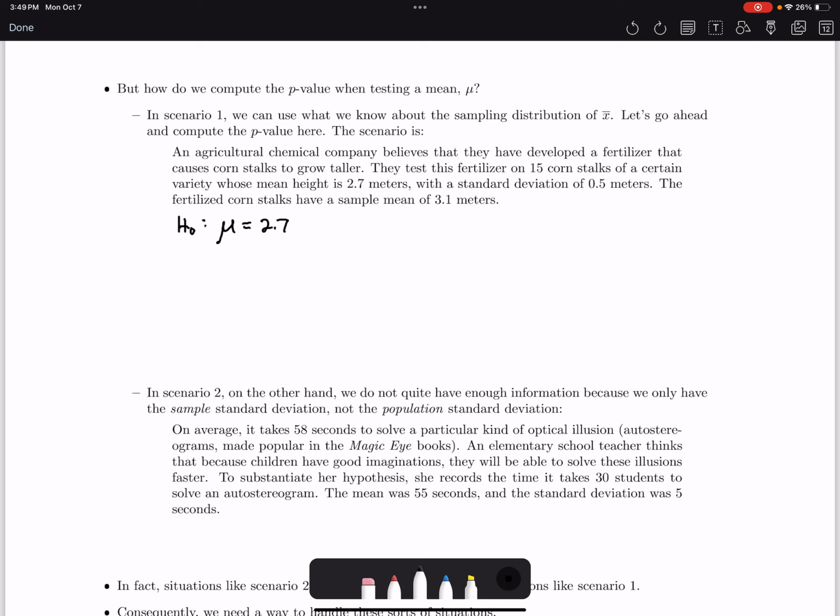The alternative hypothesis here is that the fertilizer works, so that the mean height of our corn stalks is going to be bigger than 2.7. And the sample evidence that we have is that our sample mean was 3.1. Okay, so we want to compute the probability of getting this if we assume that the null is true. What's the probability of getting this just by random chance?